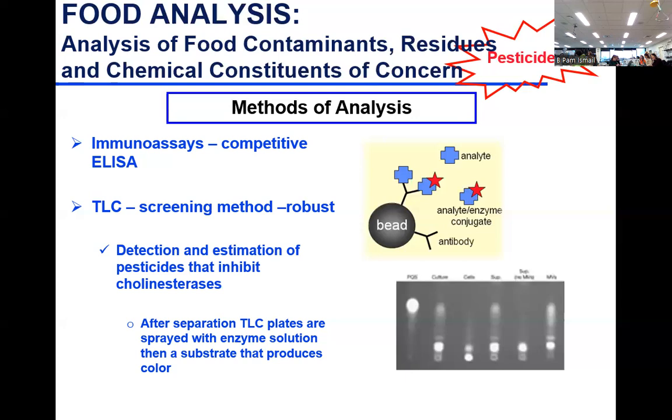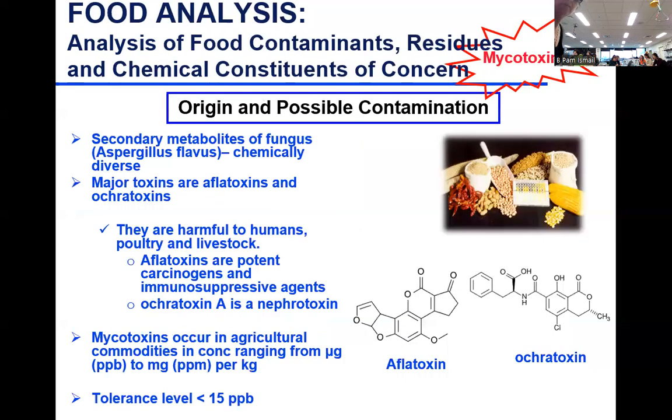So all the plate will turn color, except where you have a pesticide. You will have zones that don't have color because those pesticides inhibited the enzyme. So that's a qualitative way of determining presence of pesticides.